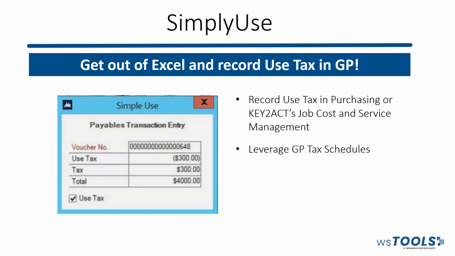We're using the GP tax schedules, so all of your reporting would be inside of GP, just like you're doing your sales tax reporting. There's a lot more to this one than I could summarize in a minute or so, but it's a very powerful tool. You can see it records the use tax and backs it out, so your invoice is still recorded just for your invoice, but it's also creating that general journal entry for the use tax as well.